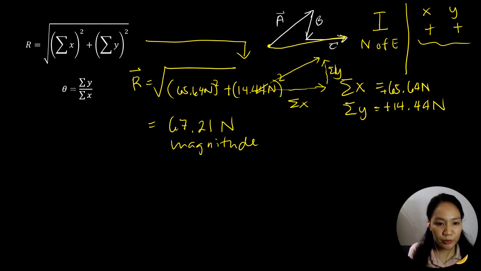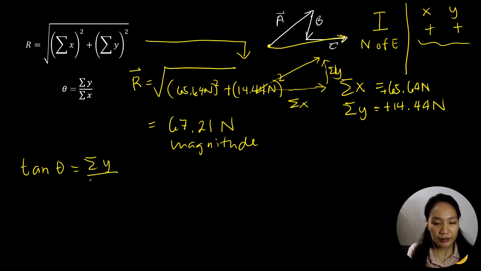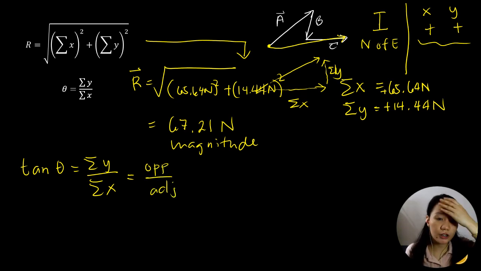Now, normally we use tangent theta, which is equal to the summation of y over the summation of x components. Now, why y and x? Because in tangent theta, you use the opposite over adjacent. And it so happens that the x and y components are also on the adjacent and opposite sides.